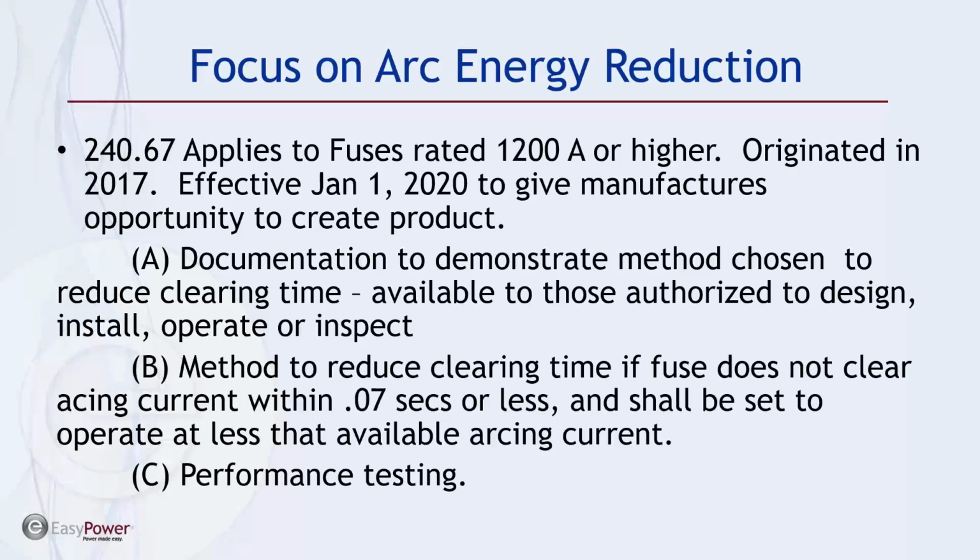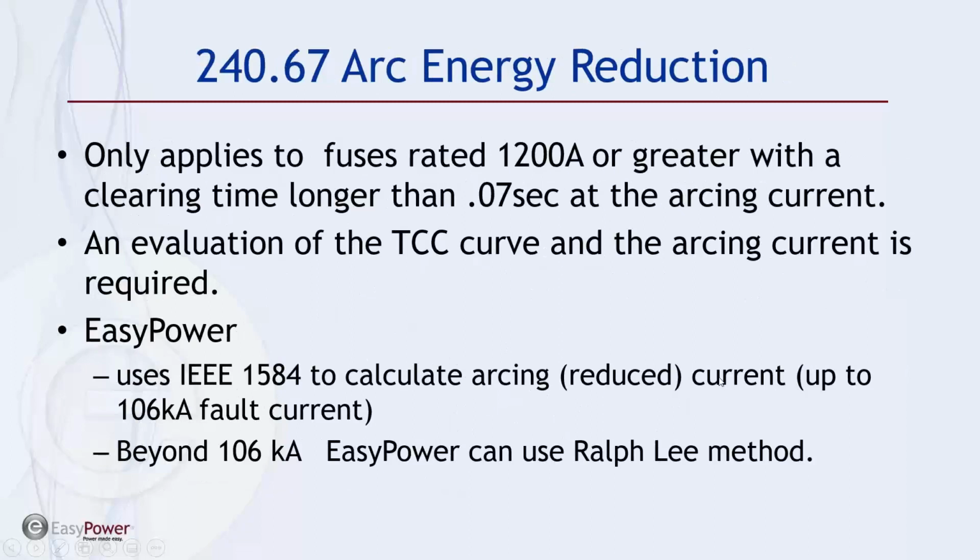Then there's a list of specific methodologies that are acceptable, with the deciding point being that any fuse that does not clear within 0.07 seconds has to follow one of these reduction methodologies. And thirdly, the need to include performance testing to ensure the results have been achieved.